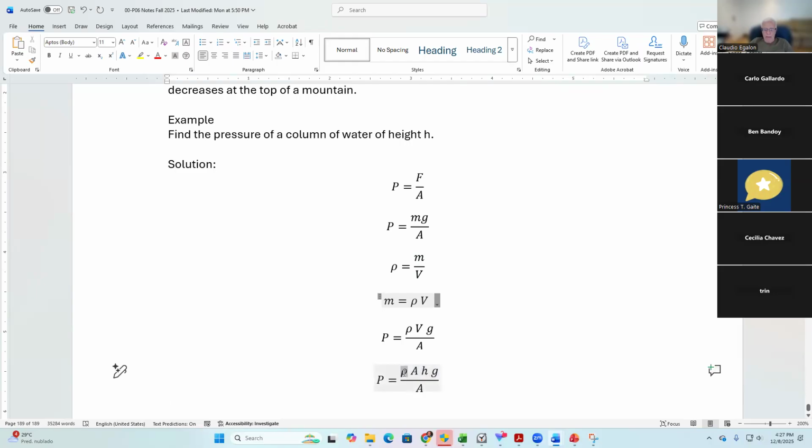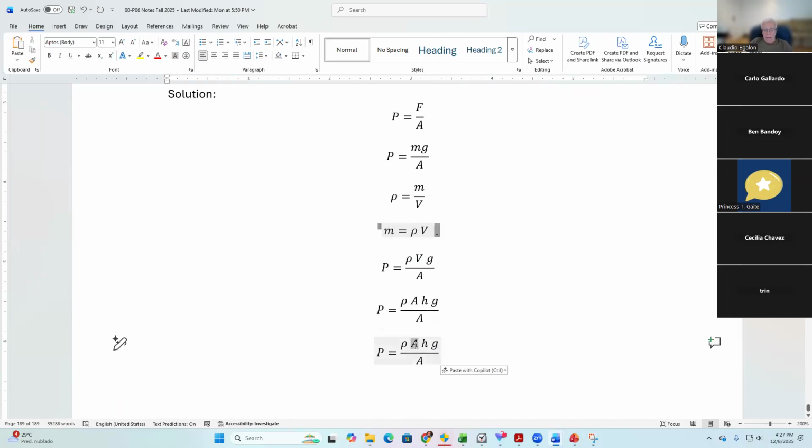We know the pressure is going to be a function of the depth, and it's going to be a function of the density of the fluid as well. If it's water, it's going to be 1,000 kilograms per cubic meter. So let's go another step. A cancels out with A, and rho g h, that's what we get. Let's go further down and elaborate a little more.